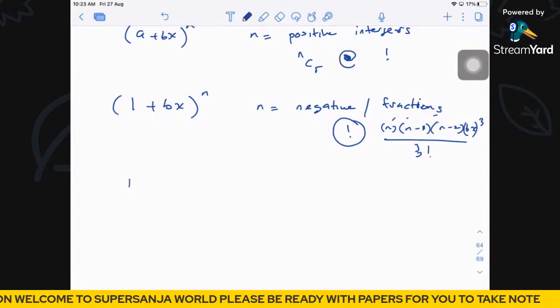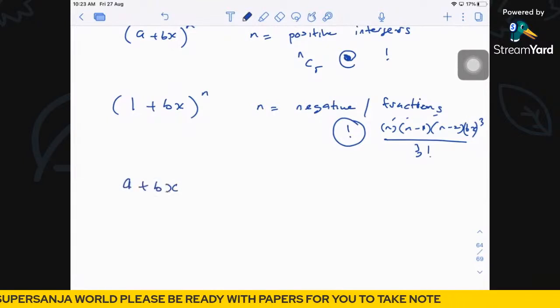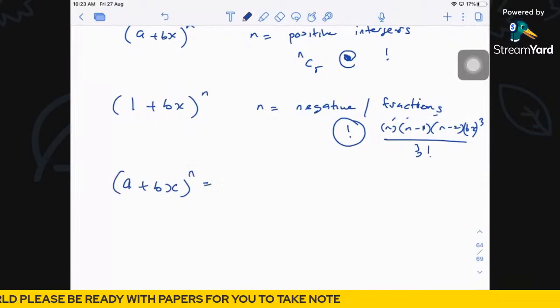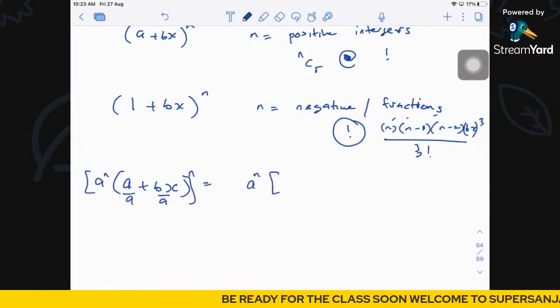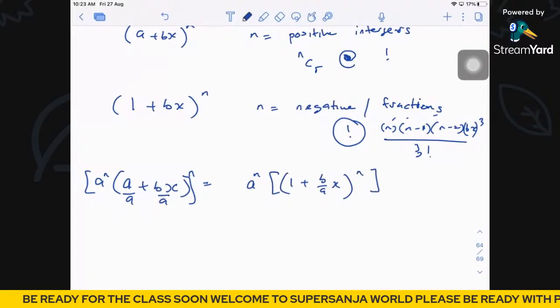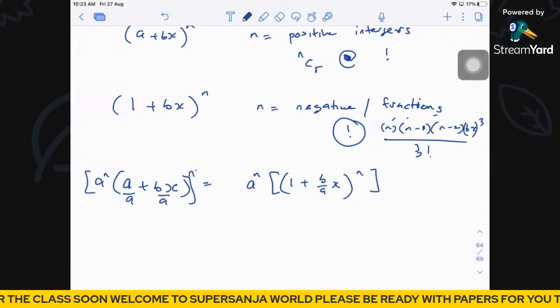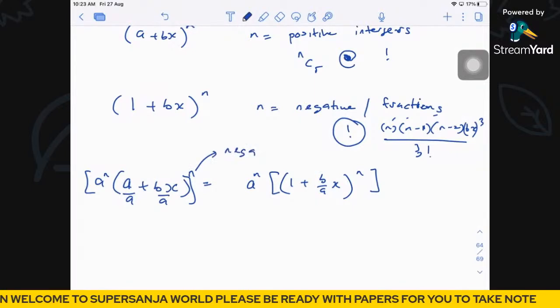Clear? The next one there will be (a + bx) to the power of n. In this case, you have to divide by a, take out the a, and put the power of n. So it becomes a to the power of n, times (1 + b over a x) to the power of n, and the n here is for negative and fraction only.